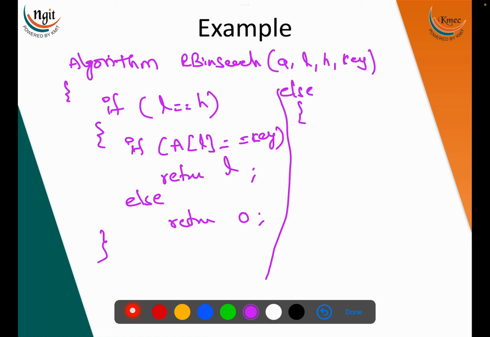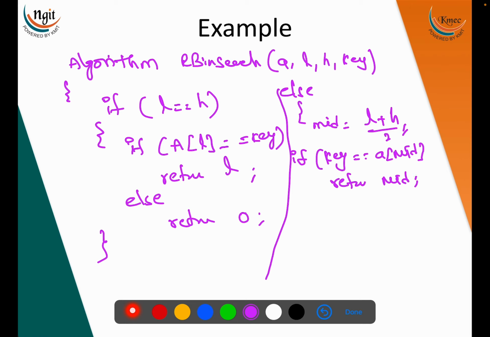In the else condition, we calculate the middle element, (low plus high) by 2, and if key double equal to A of mid, then return mid. If key is lesser than A of mid, since the array is in sorted fashion, the key will be on the left hand side.